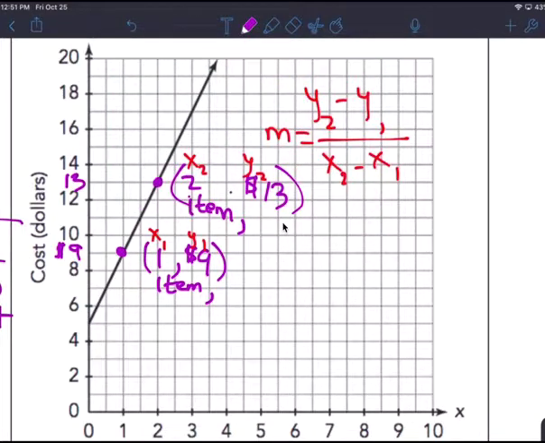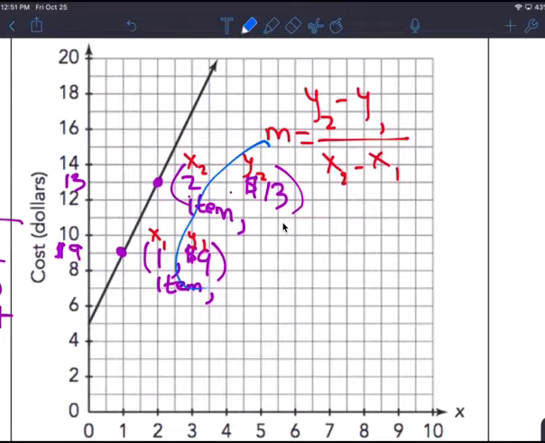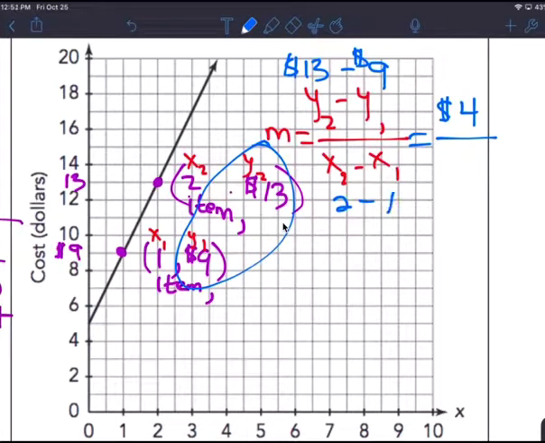Okay. All the y's are the dollar amount. So you do $13 minus $9, you get $4. Over x sub 2, 2 items minus 1 item is equal to 1 item.